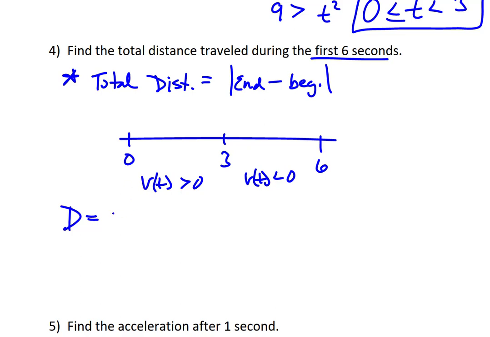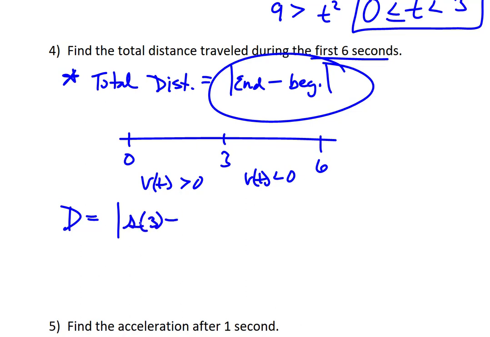So from 0 to 3, we want to find our distance as, okay, using again this end minus the beginning general understanding of distance, we'll say s of 3, the end of the first interval, minus s of 0, which would be the beginning of the first interval.